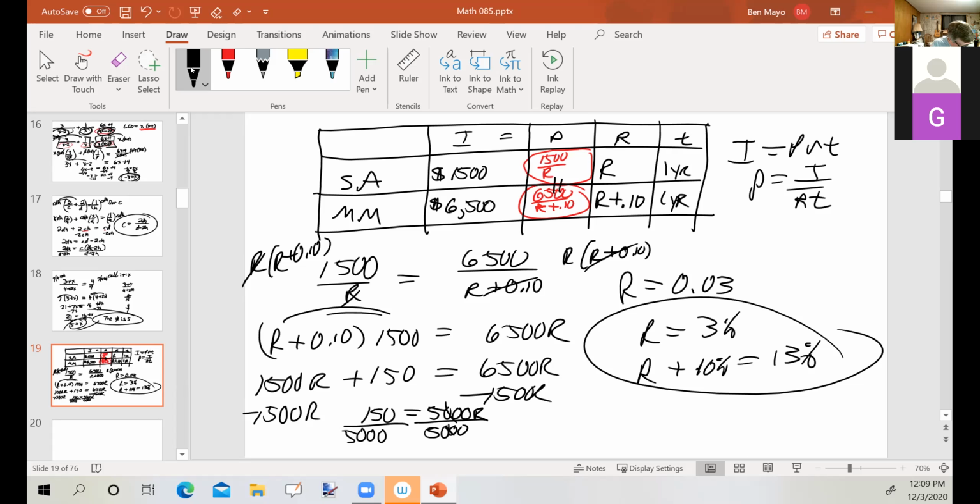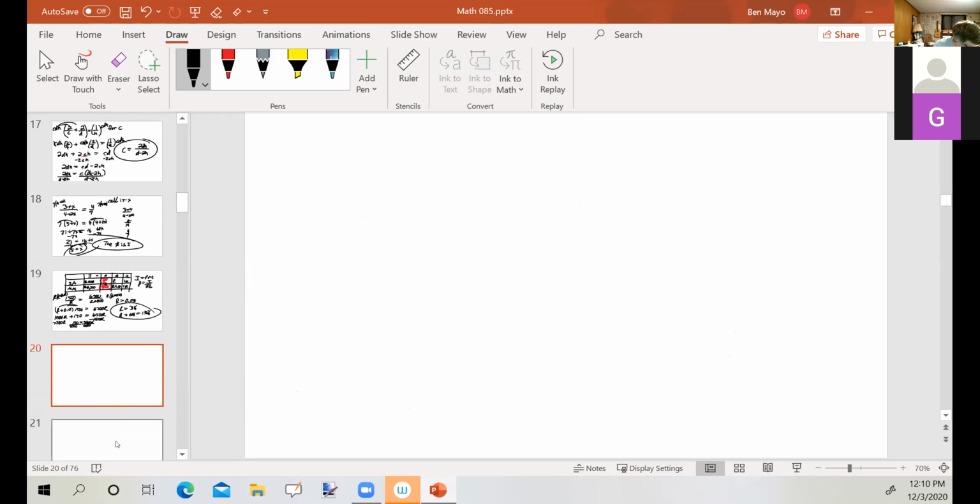Okay, let's do a rate, distance, time problem. This says boating. A boat that travels 18 miles an hour in still water can travel 22 miles downstream in the same time as it takes to travel 14 miles upstream.